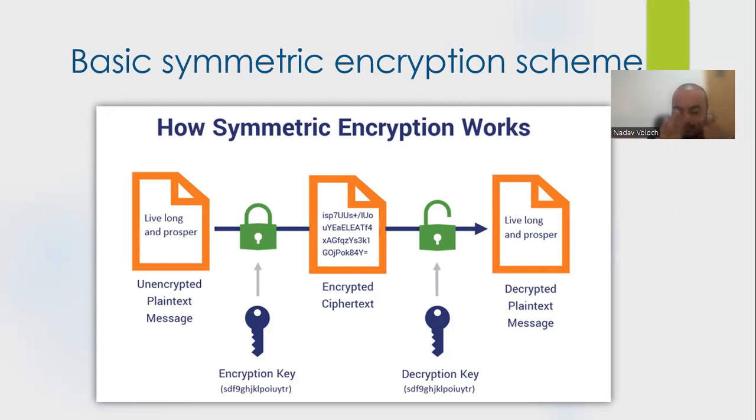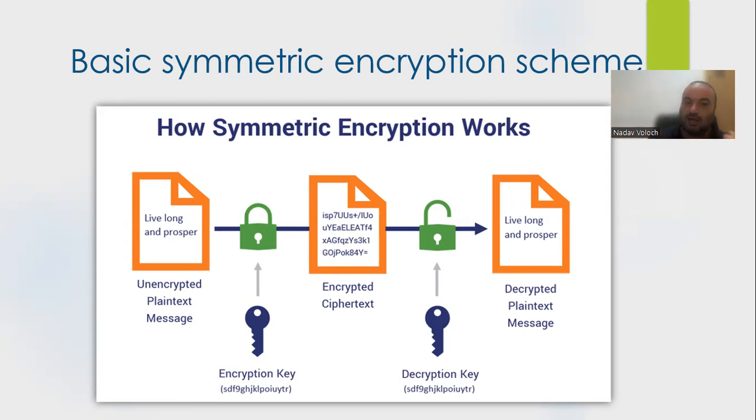The basic simple definition of symmetric and asymmetric encryption is that in a symmetric cryptosystem, the private key of the encryption is the same as the private key of the decryption. It means we use one key or two keys, but the same keys to encrypt and decrypt. And in an asymmetric encryption, it's different keys for encryption and decryption. But we're not talking about that now.